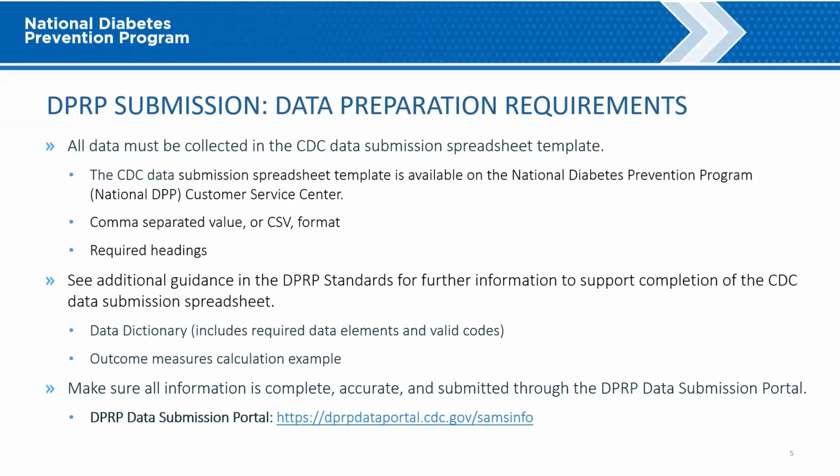This means making sure everything entered in the data submission spreadsheet is complete and accurate before submitting it through the DPRP data submission portal. Ensuring accurate data are sent to CDC is a responsibility of the CDC-recognized organization submitting the data. There are several resources available on the National DPP Customer Service Center to help CDC-recognized organizations with their submission process.